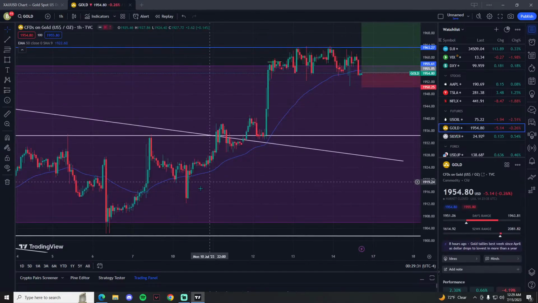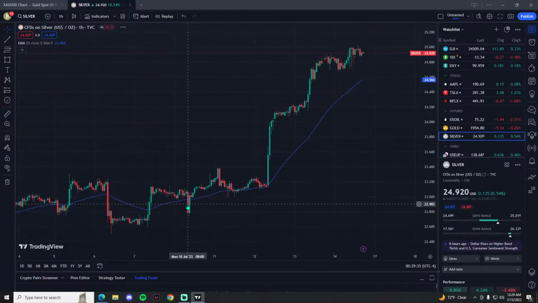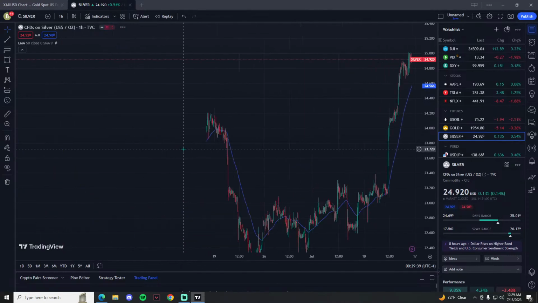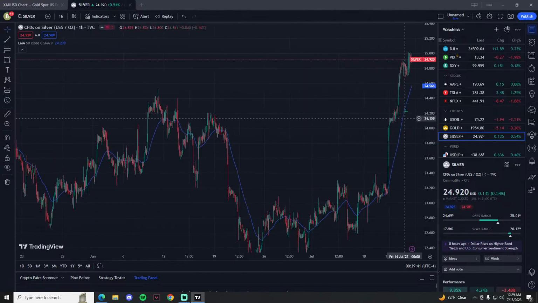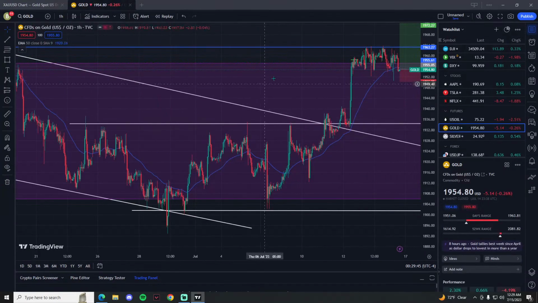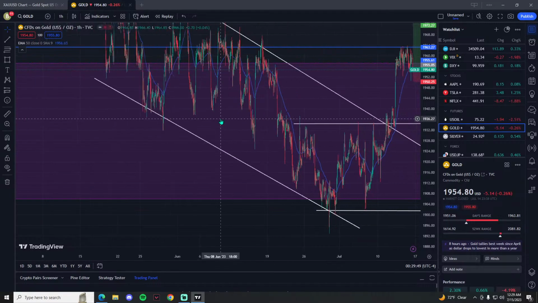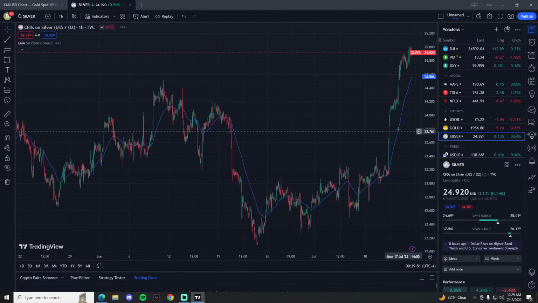Yeah, it's pretty similar. It's close, it's not exact. But yeah, I'm pretty sure silver copies gold. Okay, down, up, down. Maybe it doesn't. I'm confused. Why is it on the 1 hour timer now?